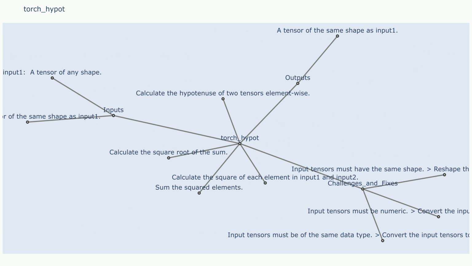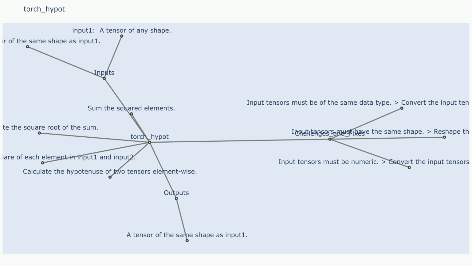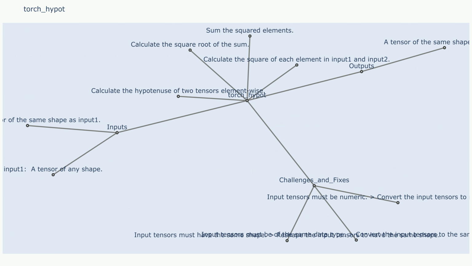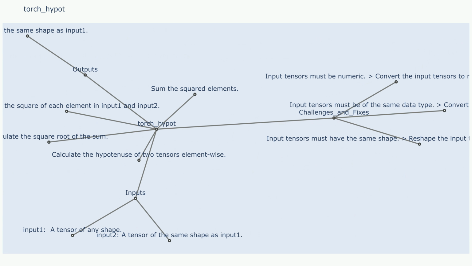Sample use case that resulted in challenge 1: trying to calculate the hypotenuse of two tensors with incompatible dimensions, such as a 2 by 2 tensor and a 3 by 3 tensor. Fixes to challenge 1: ensure that the input tensors have the same shape or use broadcasting to match their dimensions.